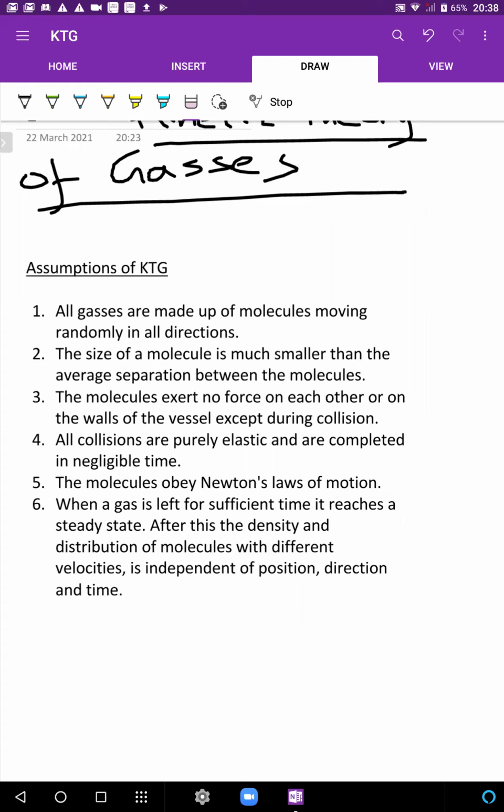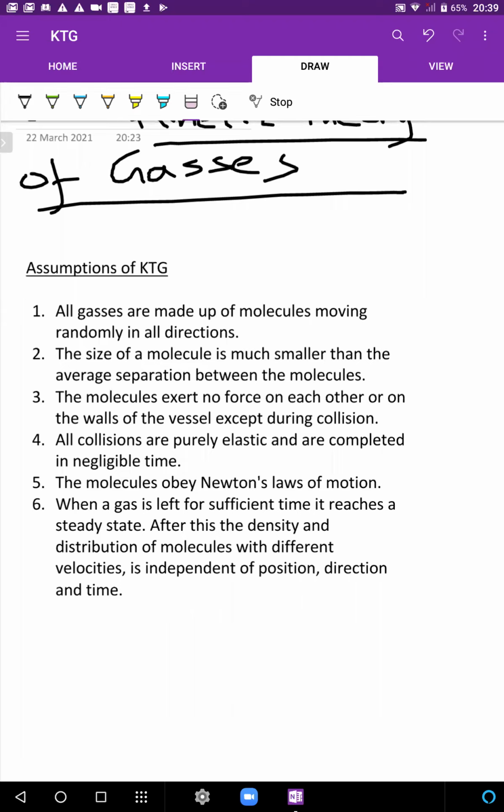Because molecules occupy such a small part physically of the vessel, their collisions with each other take more time to happen in comparison to how long a collision lasts. Therefore, point 2 in a way explains point 3.